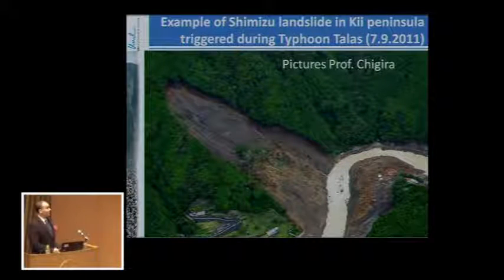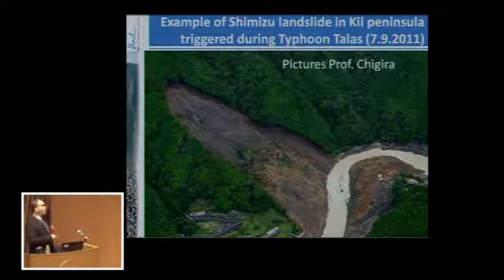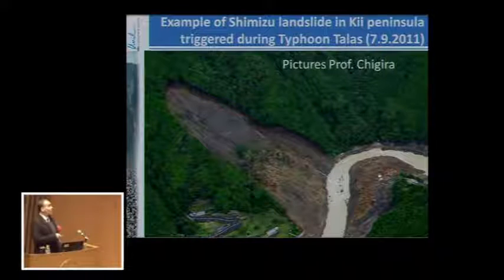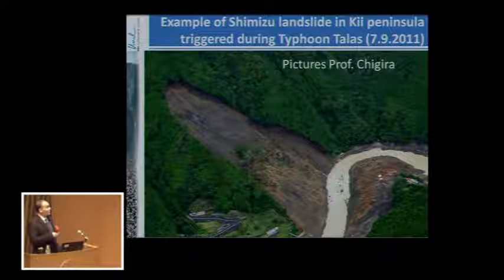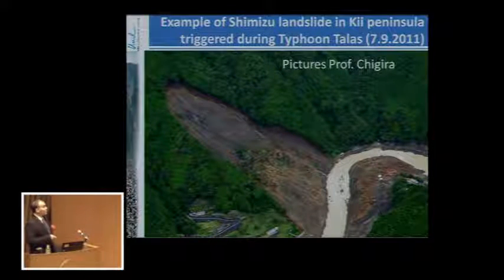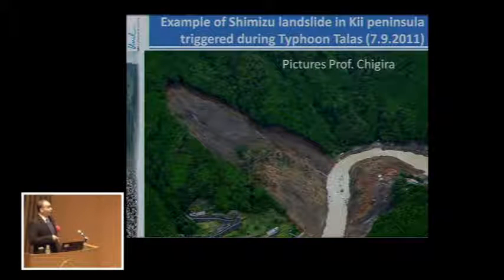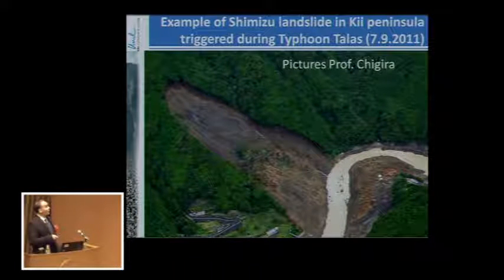Now it is a picture from Chigira-sensei. Here you see the landslide from Shimizu in the Kii Peninsula that occurred during Typhoon Talas.